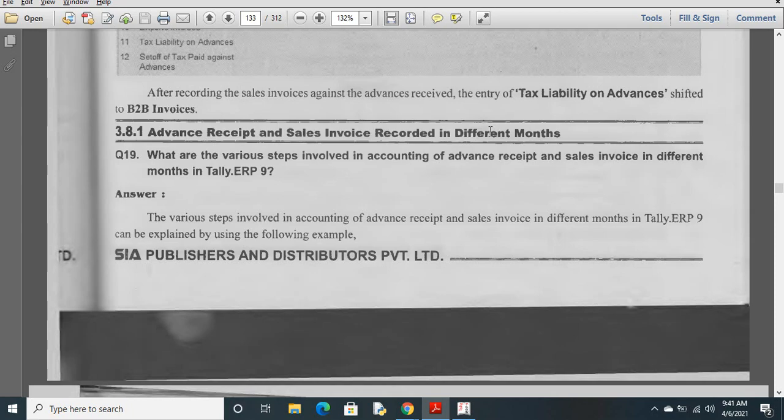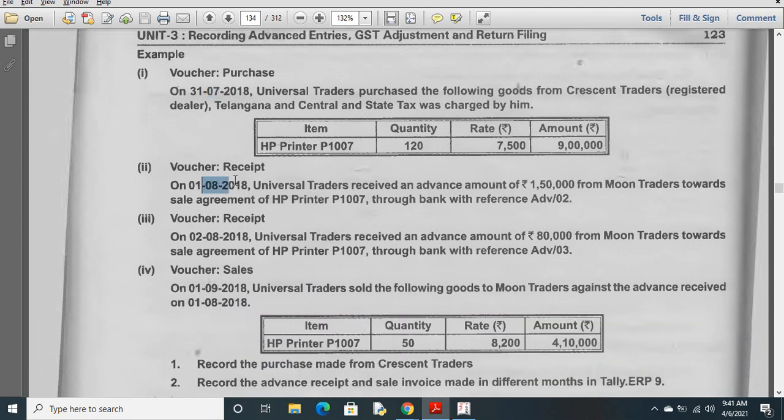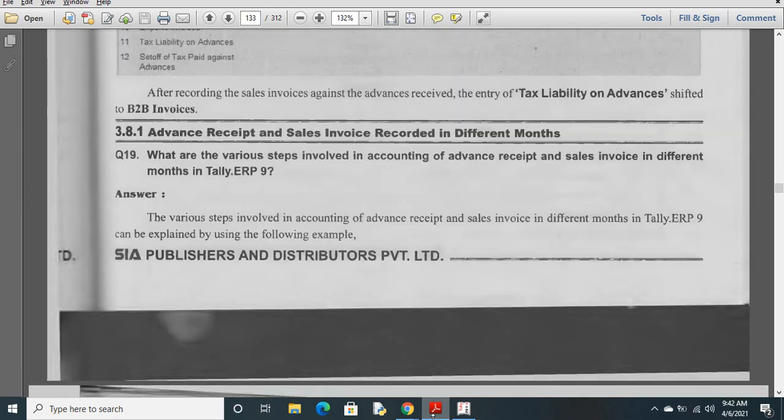In the next example, we received advance in one month and performed the sale in the next month. We received advance in the month of July and sold the goods in the month of August. How to do this, we'll discuss in the next class. Okay? Meanwhile, I'll check how to activate this advance receipt voucher again.